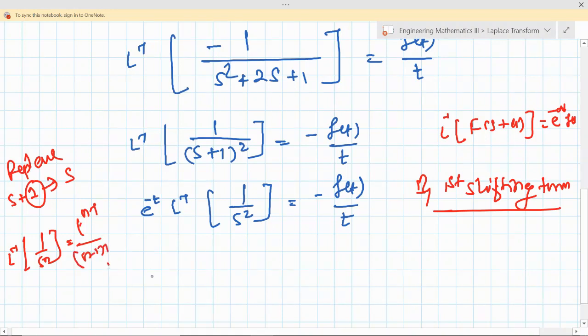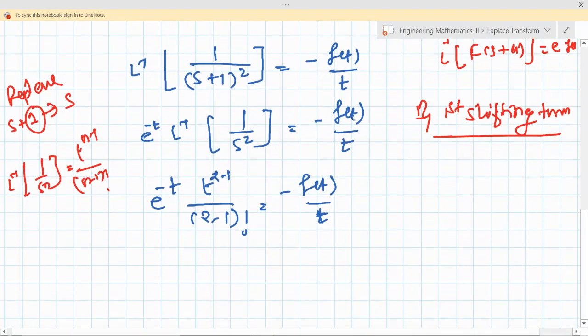Therefore, we have e raised to minus t as it is, times t raised to 2 minus 1 divided by (2 minus 1) factorial. This is equal to minus f of t upon t. Finally, t raised to 2 minus 1 is nothing but t, and (2 minus 1) factorial is nothing but 1. So this is t e raised to minus t, equal to minus f of t divided by t.